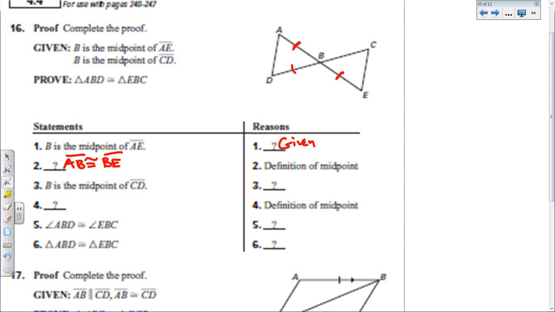Then B is the midpoint of CD. So that is also given. That tells me that DB is congruent to CB by definition of midpoint.